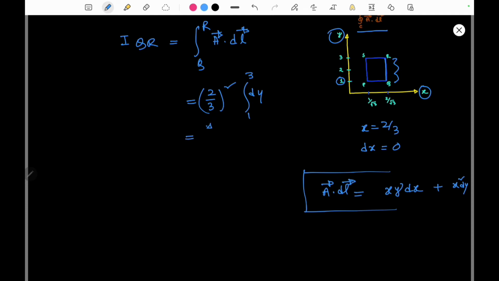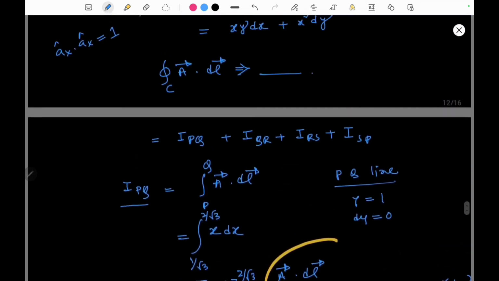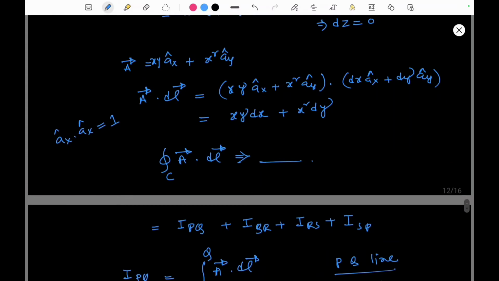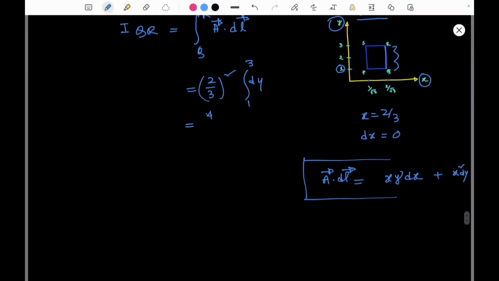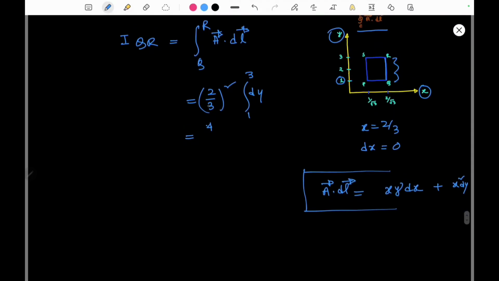So it will be, one second, are we doing any mistake? Just cross checking. Okay, here 2 by root 3 is there, so it will be 4 by 3 into y from 1 to 3, 4 by 3 into 3 minus 1.